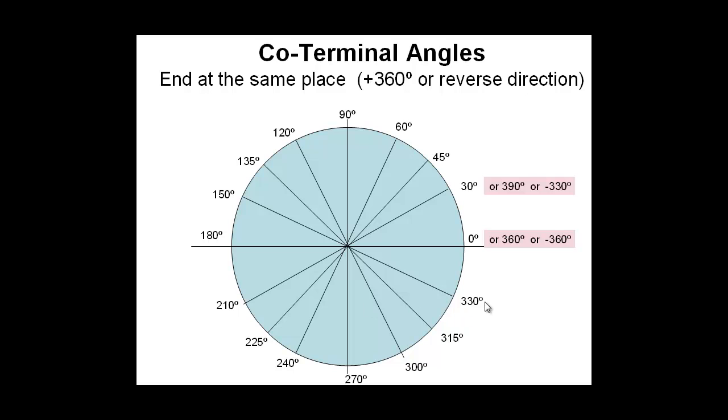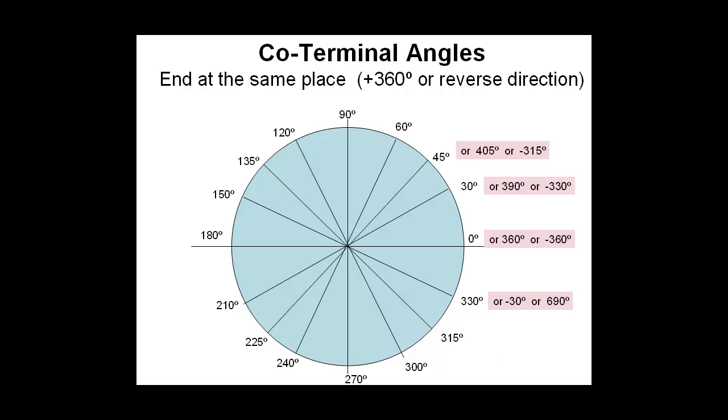You can do the same thing with 330 degrees. You can keep going, or you can go backwards. I'm sorry, 45 is the next one I did. 45, add 360 is 405, subtract is negative 315. Then I went down. If I go backwards, that's negative 30. Or if you take 330 and keep going, 330 and 360 makes 690.